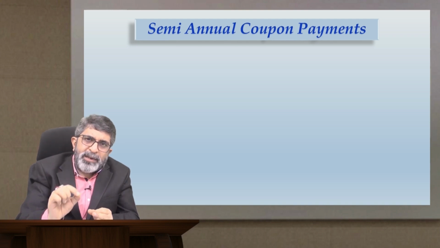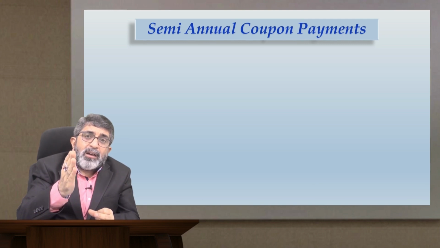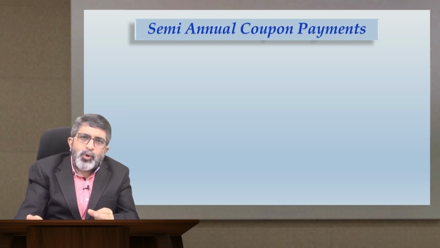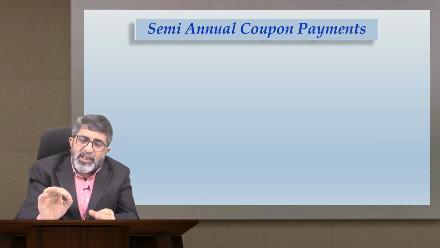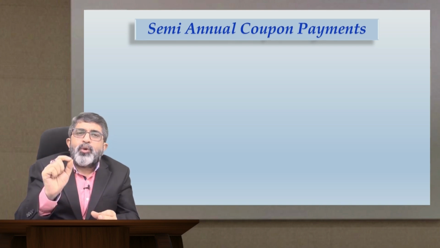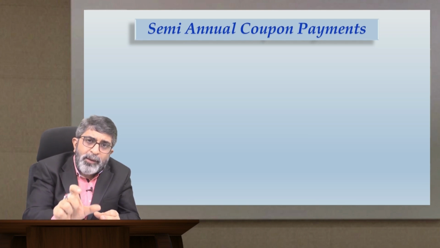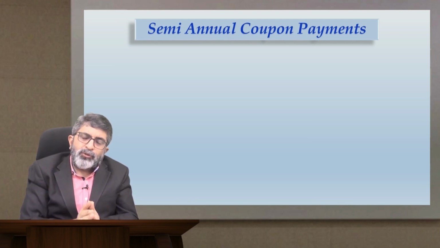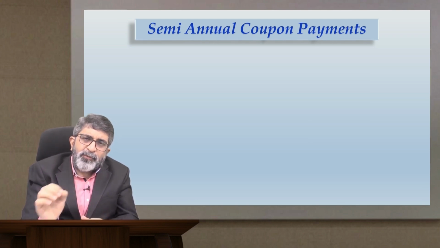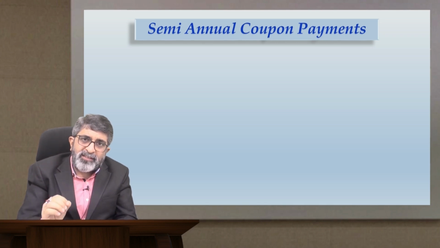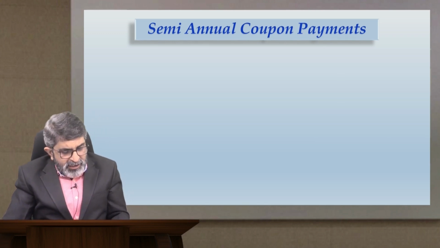So you will simply take the discounting rate divided by 2, because when you divide the annual discounting rate by 2, you get the discounting rate applicable for the half year period. So let me first give you some notes on this, and then when we take calculative examples, things will be much clearer.